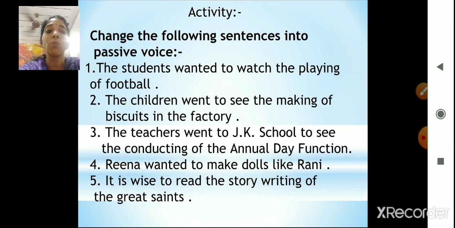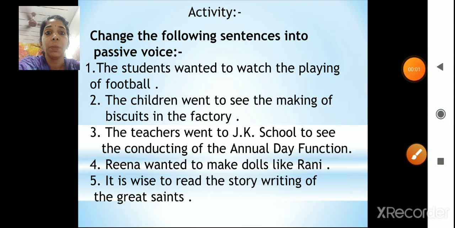Reena wanted to make dolls like Rani. What will be the answer? Reena wanted the dolls to be made like Rani. Moving ahead. It is wise to read the story writing of the great saints.